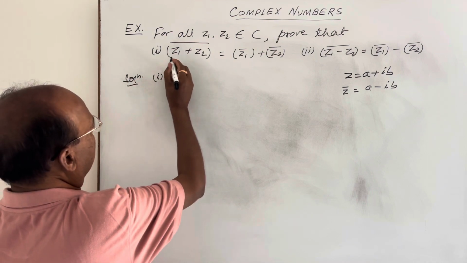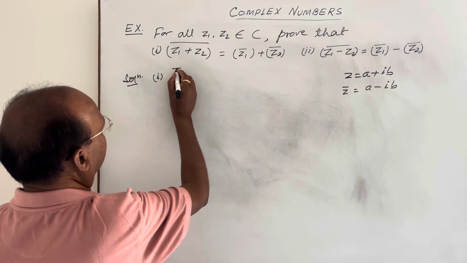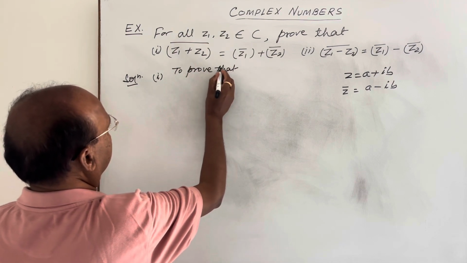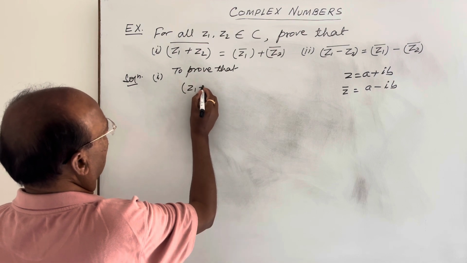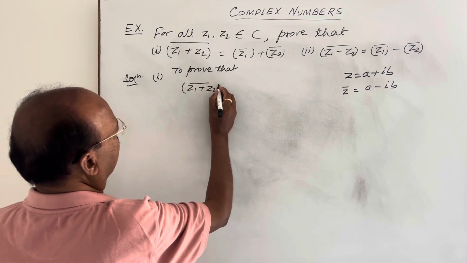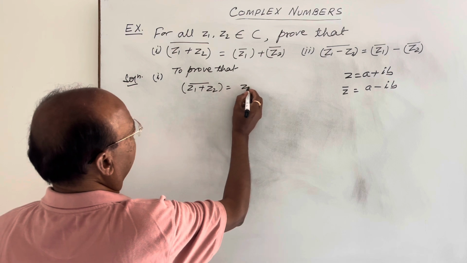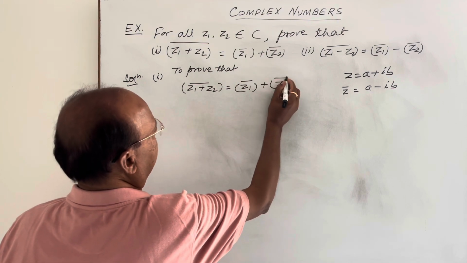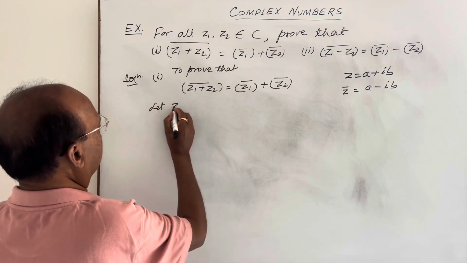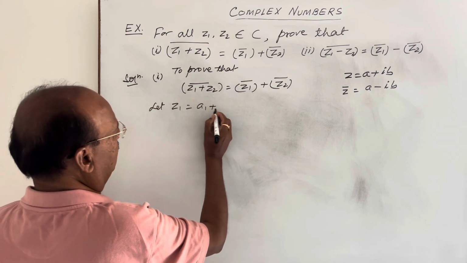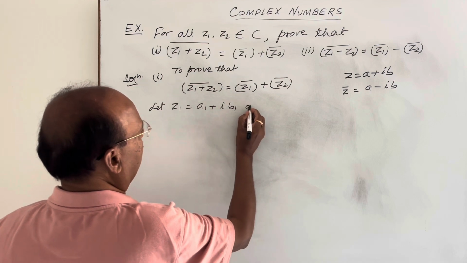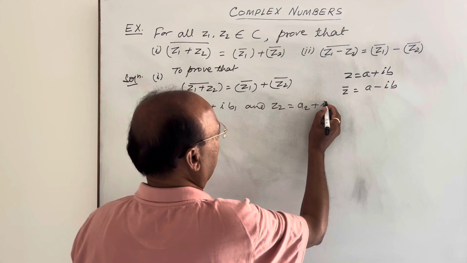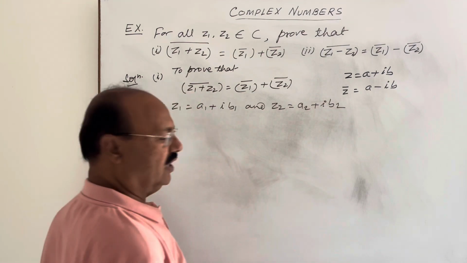So let us see the solution here. Start with the first question. This is to prove that conjugate of Z1 plus Z2 is equal to conjugate of Z1 plus conjugate of Z2. Let us suppose that Z1 is a complex number A1 plus IB1 and Z2 is another complex number A2 plus IB2. Correct?